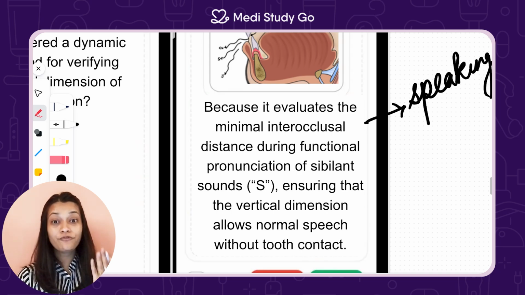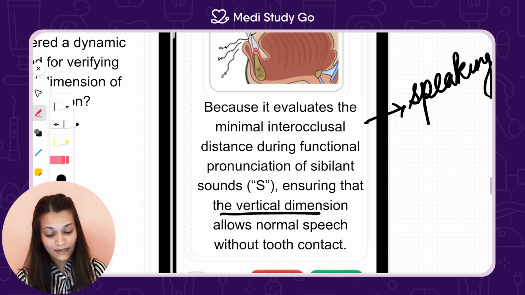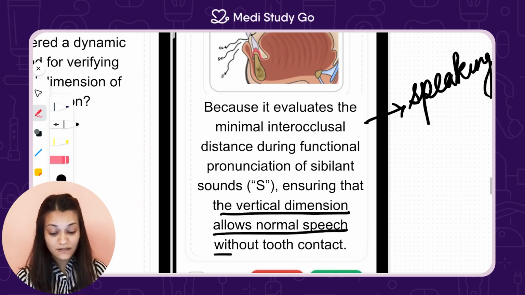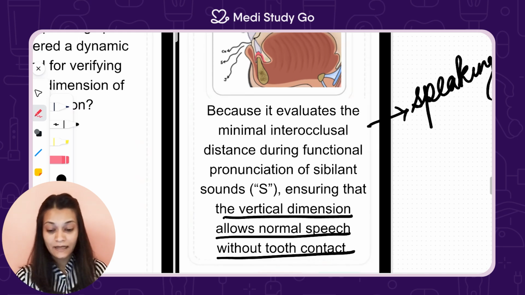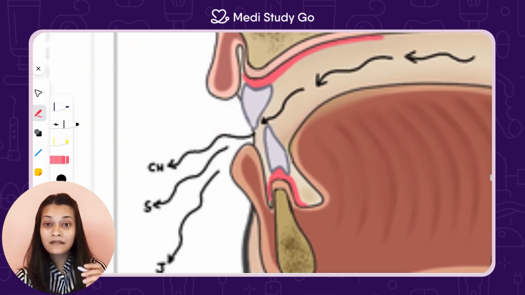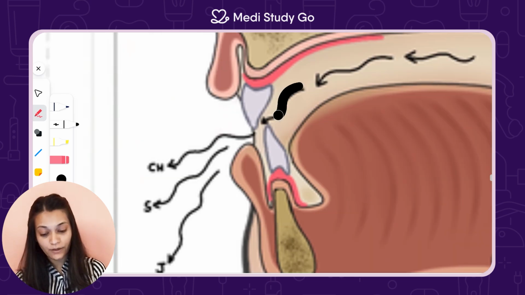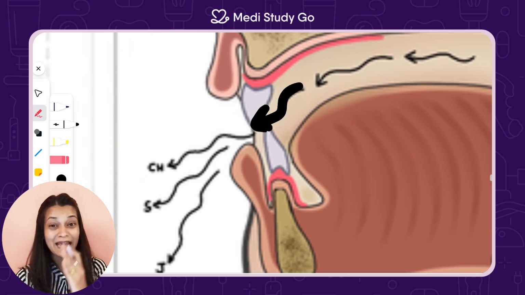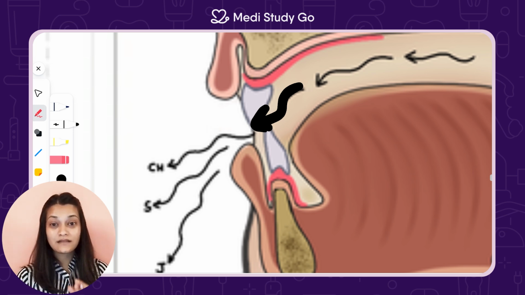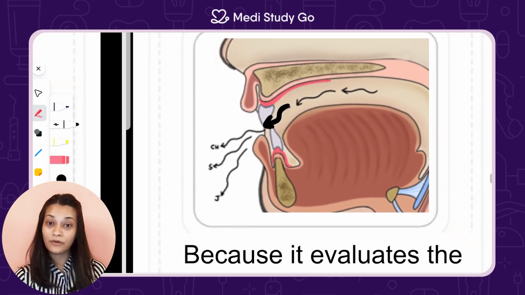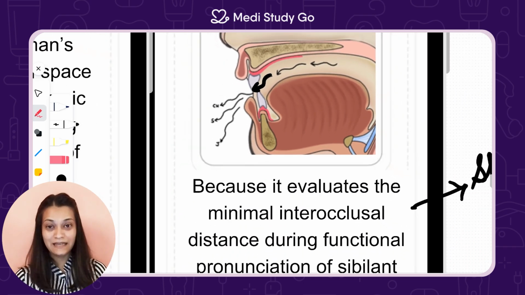At the same time, a functional position, ensuring that there is normal speech without tooth contact. Can you see? Very minimal distance between your upper and lower incisors from which the air is going to pass, and sounds like ch, s and sh are going to be spoken without any obliteration of any landmark.